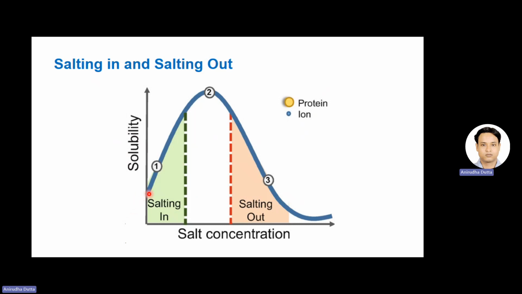Initially, if there is no salt, then the protein would be less soluble, and there would be aggregation formation. If you keep increasing the concentration of salt slowly, then you will see that the solubility of the protein increases, up to a certain point. That part is called salting in.